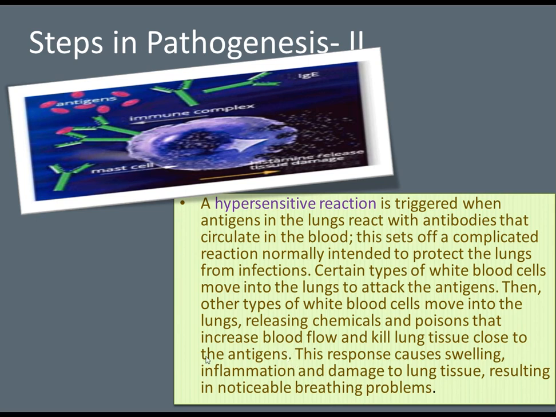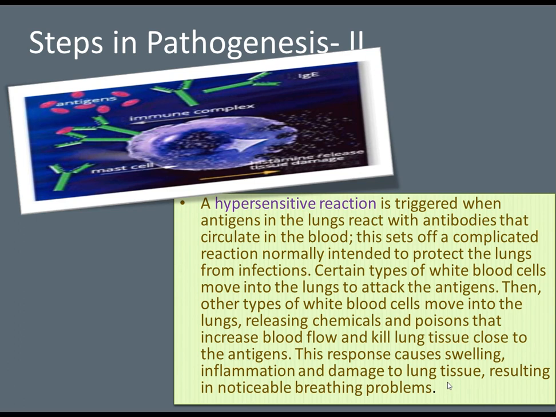So this is where the lung tissue is now being killed, and this damage causes swelling, inflammation, and damage to lung tissue, resulting in noticeable breathing problems, because as the lung tissues are progressively damaged, you do not have that large surface area across which the respiratory gases can exchange. So if the respiratory gases cannot exchange, obviously there will be a breathing problem in the body.